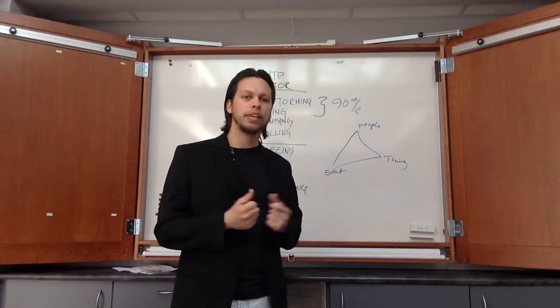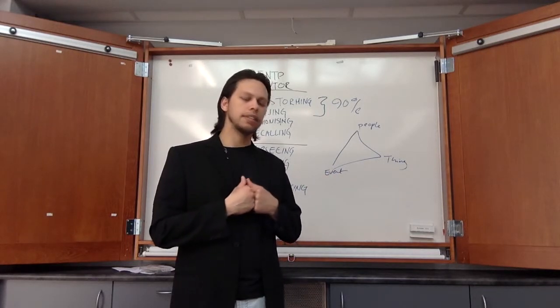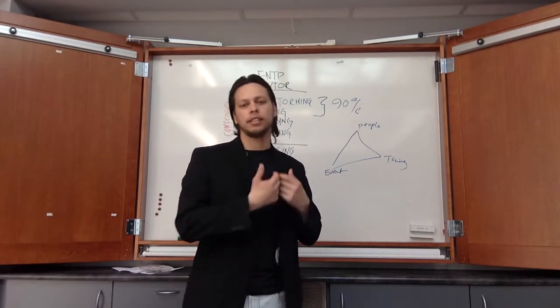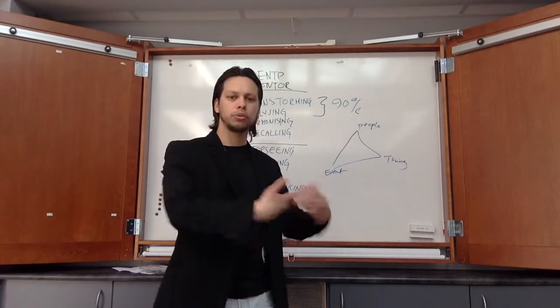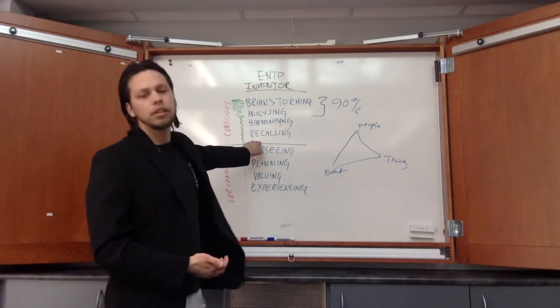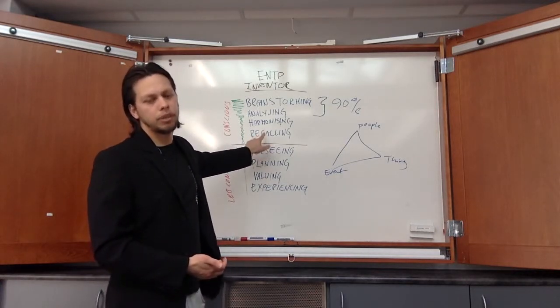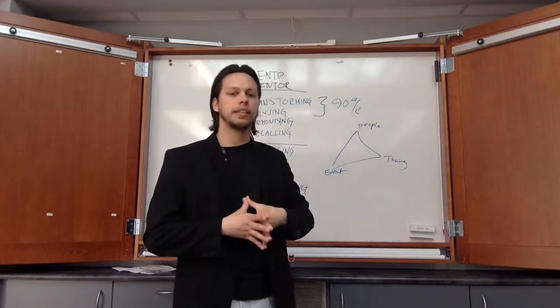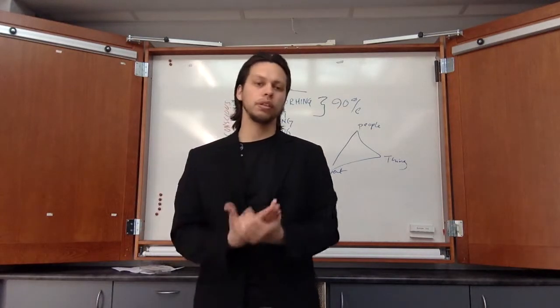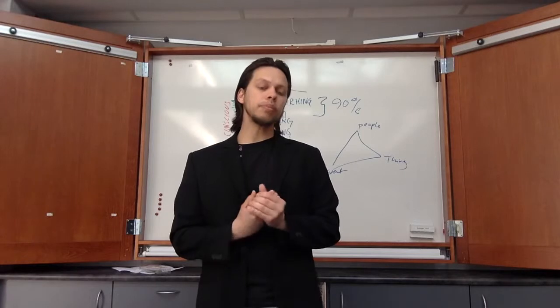It becomes more real, and it's no longer just an idea. It's an idea brought to fruition by the recalling. That recalling is more about basically the real world, and so on.